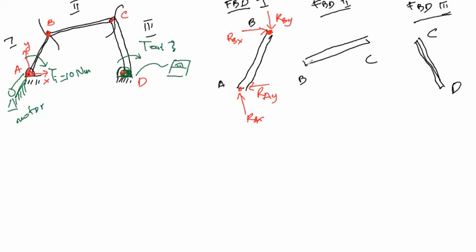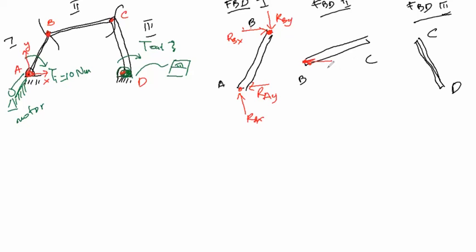For the free body diagram of link 2, we also have point B. What about the reaction force? Here is what you have to remember: because B for body 2 and B for link 1 are the same, the value RBx here should be the same as the value RBx for link 1. But the direction should be opposite.